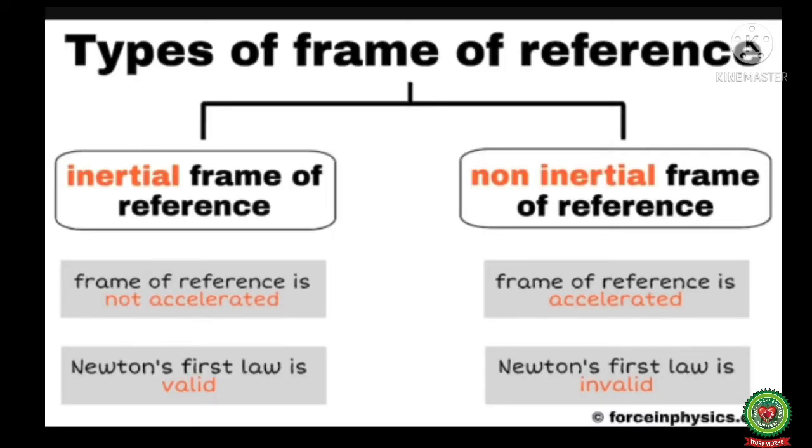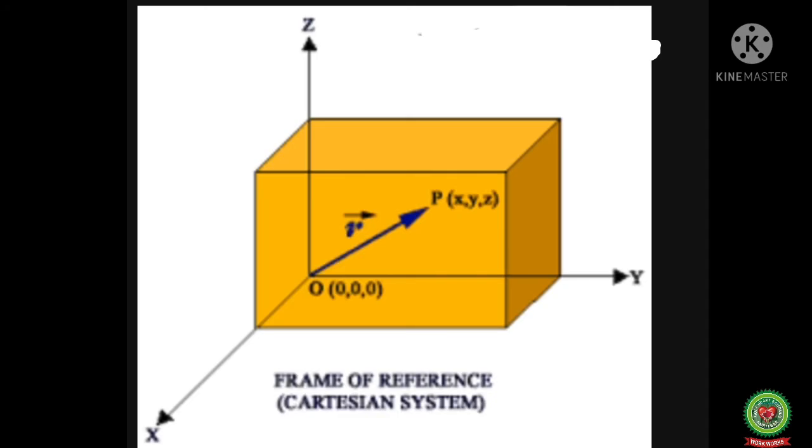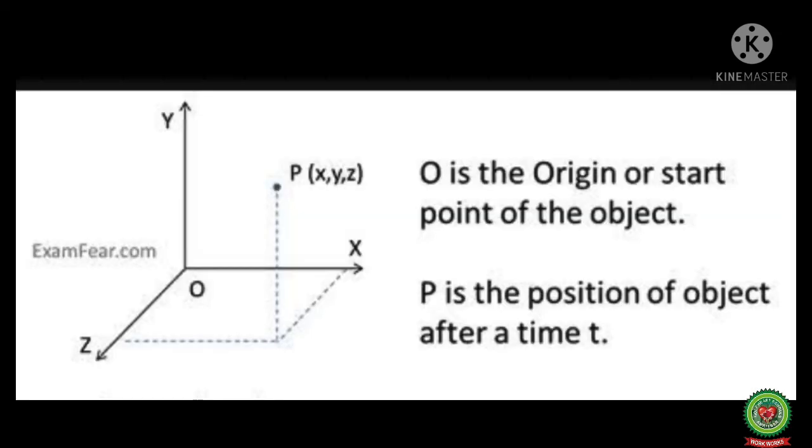Now let's start with another term, frame of reference. To study about the state of rest or motion of a particle, first we should specify its position. The position of a particle is specified using a system of three mutually perpendicular axes OX, OY, and OZ.